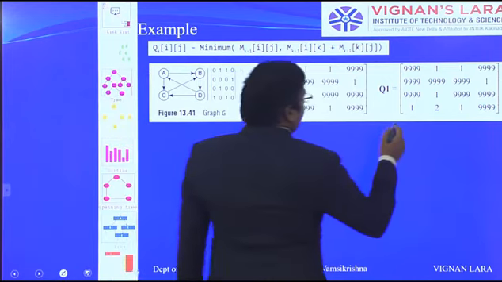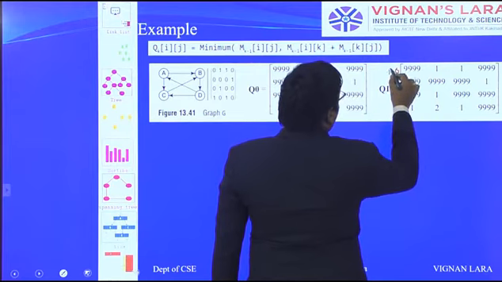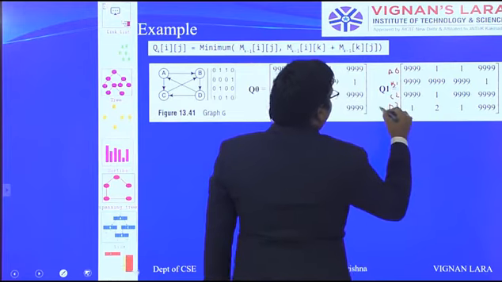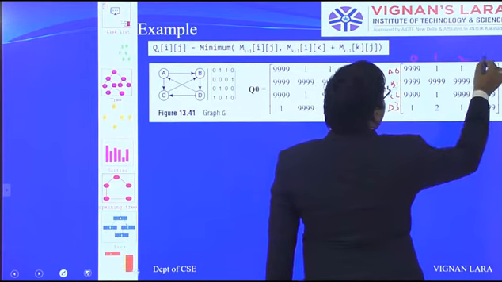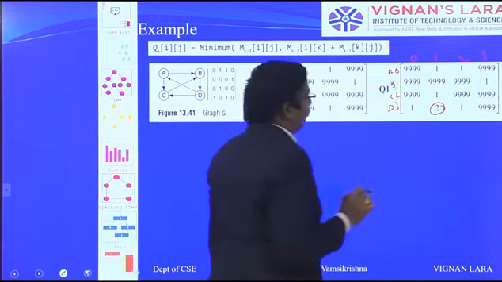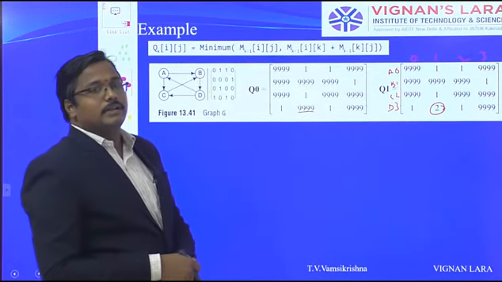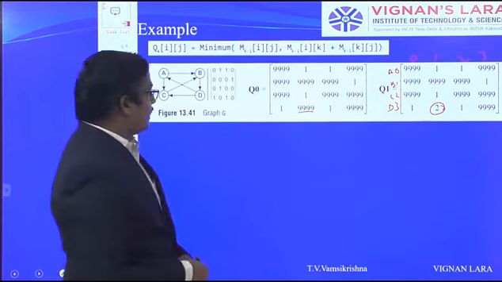Initially, 0, 1, 2, 3, in other terms A, B, C, D. Here also 0, 1, 2, 3. So I am calculating the value of this, because only this is updated. So how is it updated? We want to see that right now.